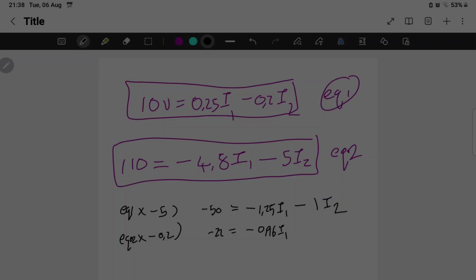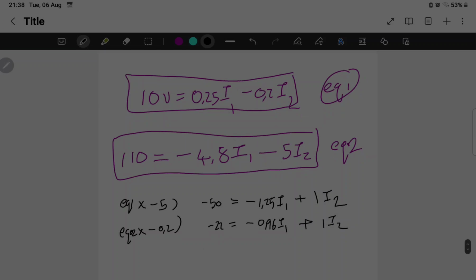Then we have negative 5 multiplied by negative 0.2, which is positive 1 I2.